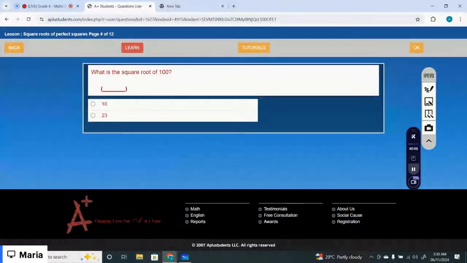What is the square root of 100, which is the correct option? The correct option is square root 100 equals 10.